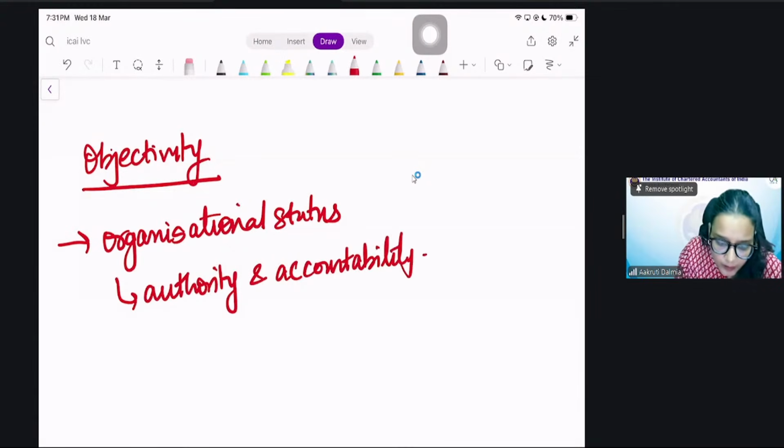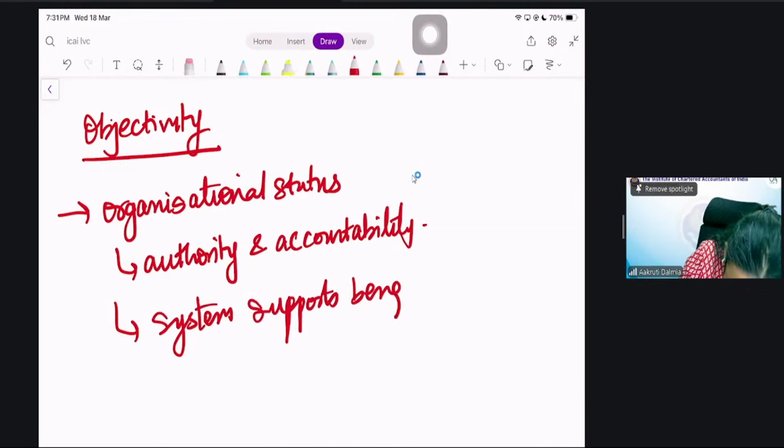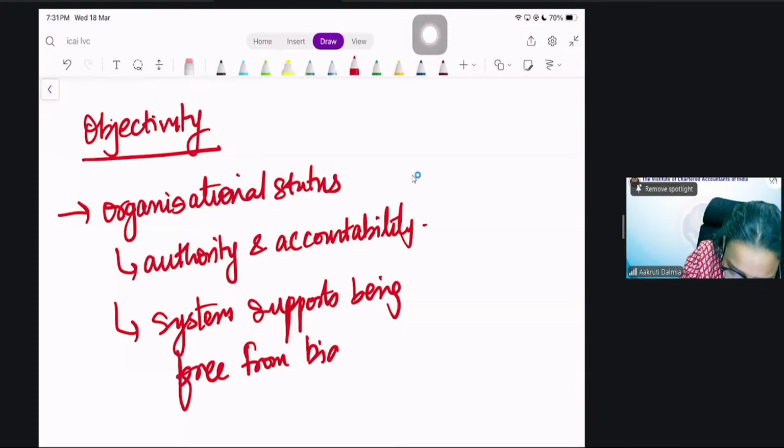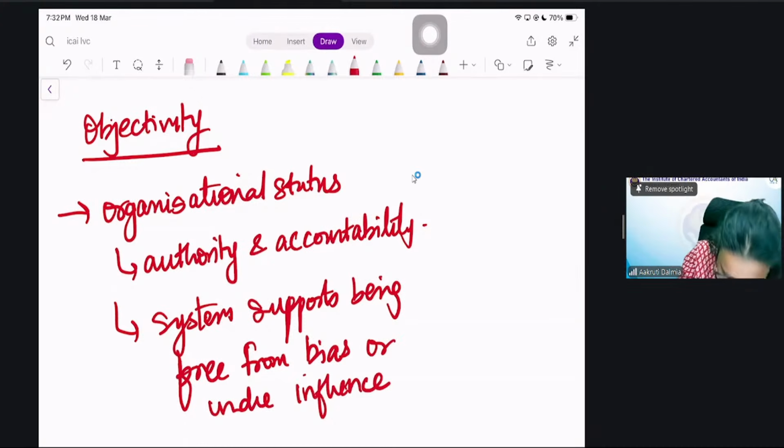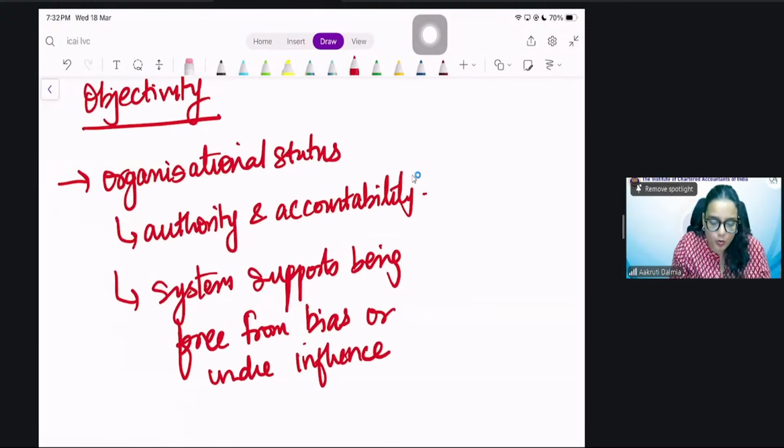Whether the system supports being free from bias or undue influence. Okay, the first point is how to check the organizational status.